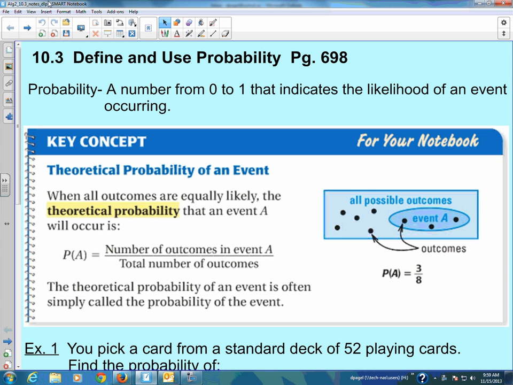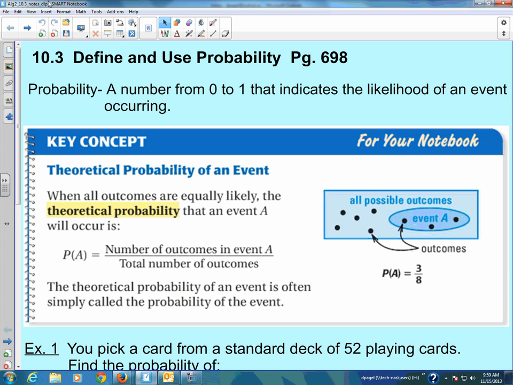So now we're going to use some of those permutations and combinations to help us come up with favorable outcomes or possibly total outcomes for a given probability problem. Probability is a number from 0 to 1. It can be a decimal, a fraction, or a percentage. It indicates the likelihood that an event will occur.